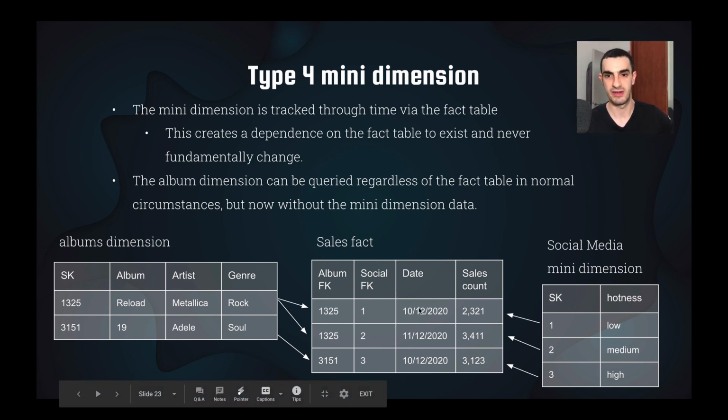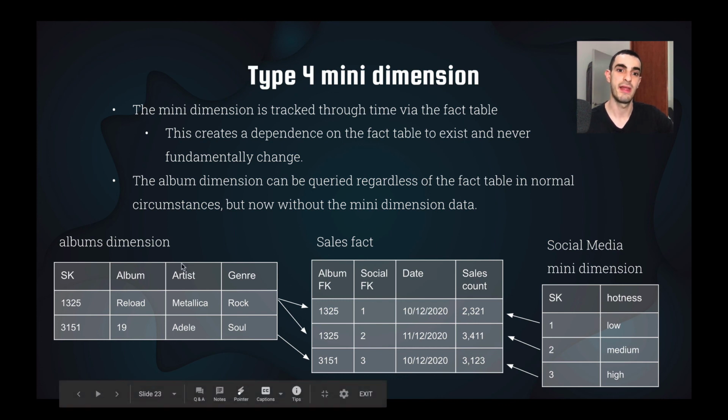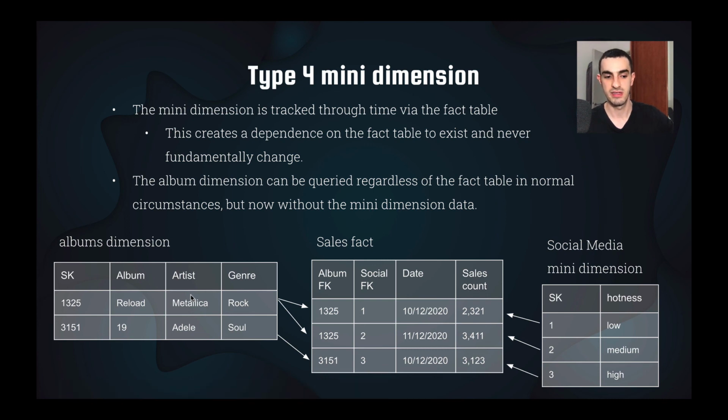But something to note here, of course, is that this creates a dependence on the fact table to exist and never fundamentally change. So the data of when things changed is tracked in the fact table and not in the dimension as it would have been in slowly changing dimension type 2.